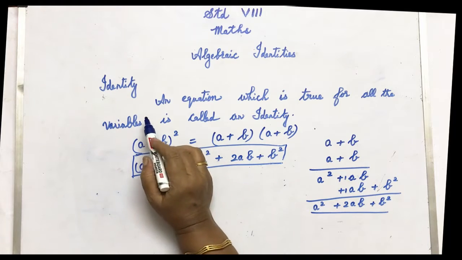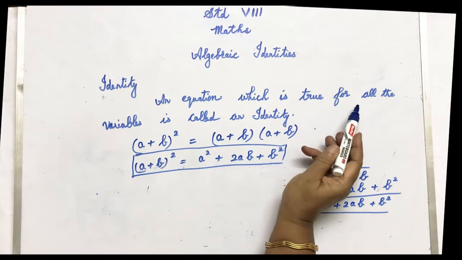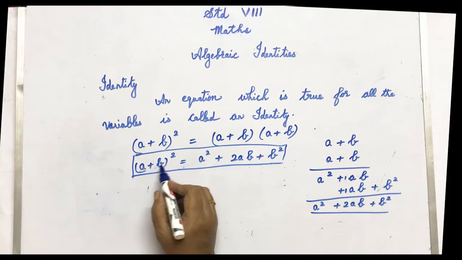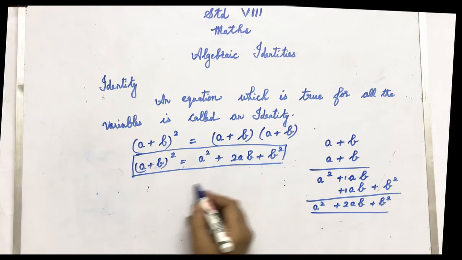Now we have already said that an identity is true for any variable. So in the place of a we can write any variable, and in the place of b also we can write any variable, and we can write the identity.